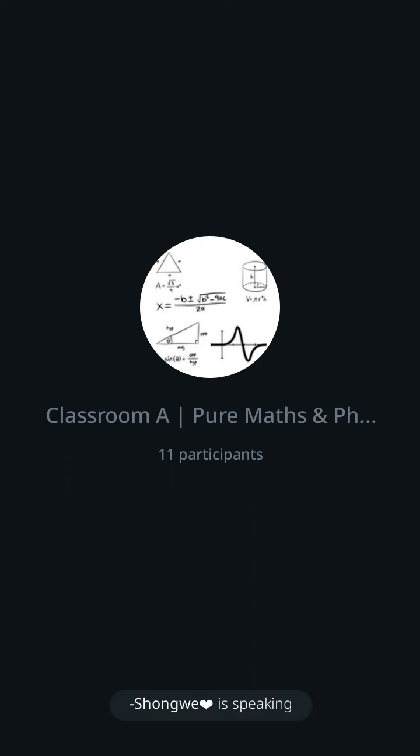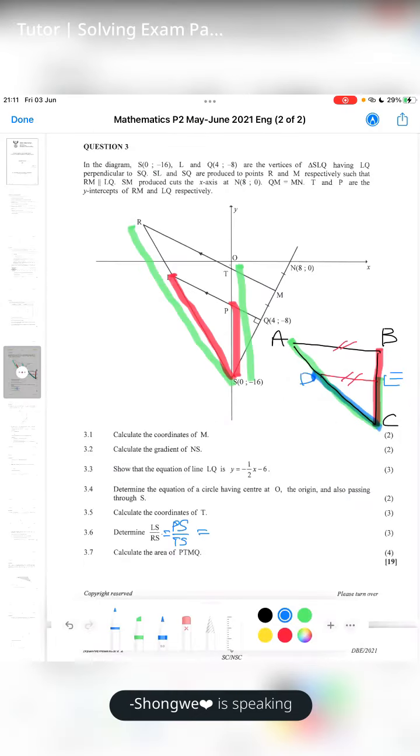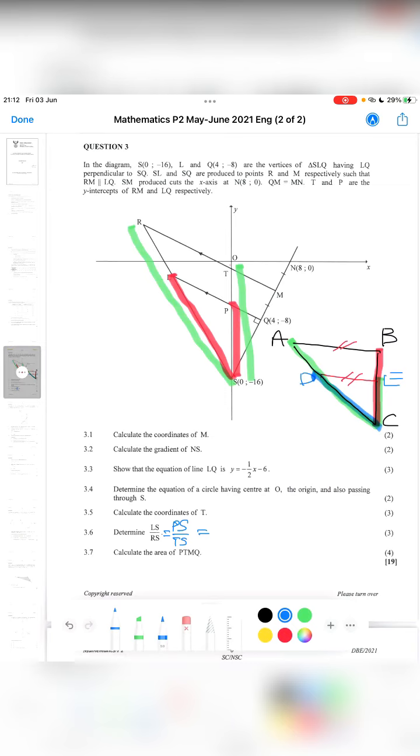And we know that negative 6 represents the y-intercept of P. Yes, of P. So the coordinates of P are actually 0 and negative 6, if I'm not mistaken.